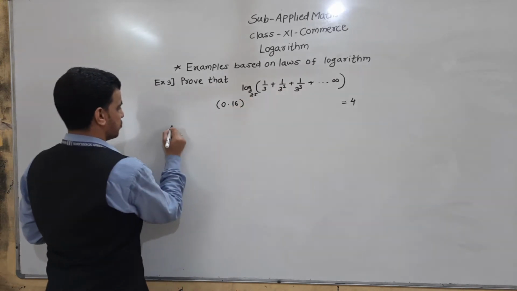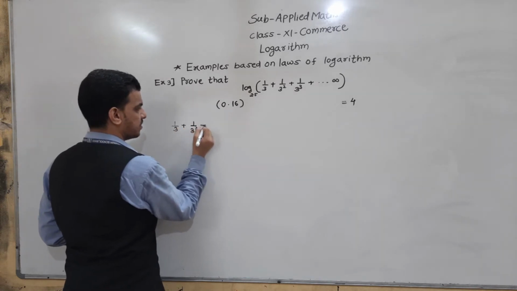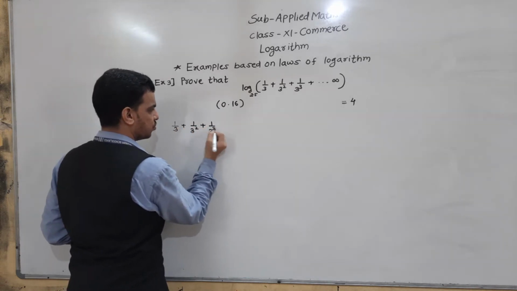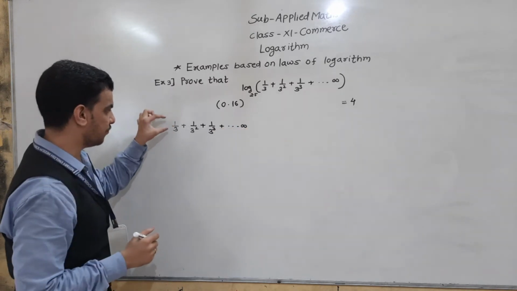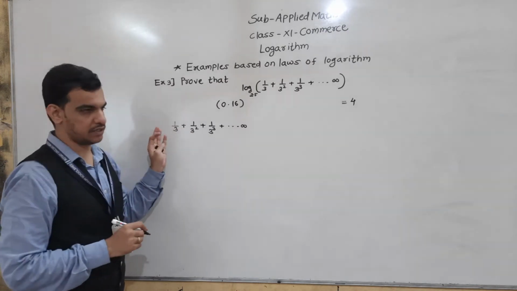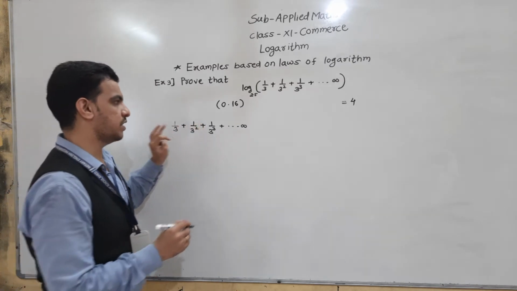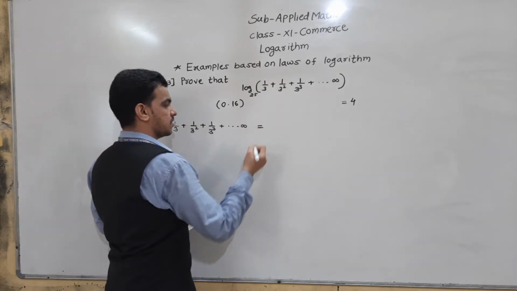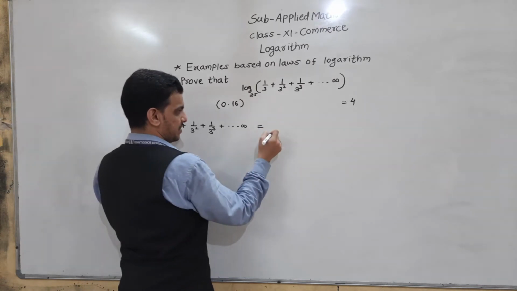So first I am taking 1 by 3 plus 1 by 3 square plus 1 by 3 cube up to infinity. Now if we observe these terms, this is a geometric series up to infinity.